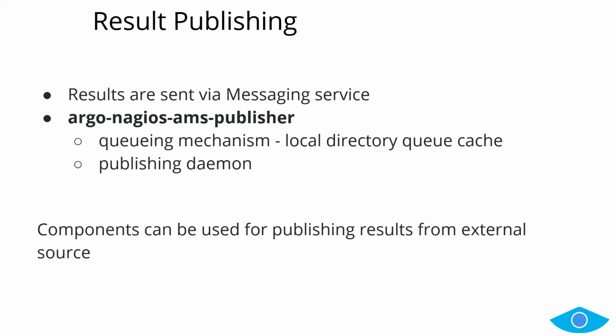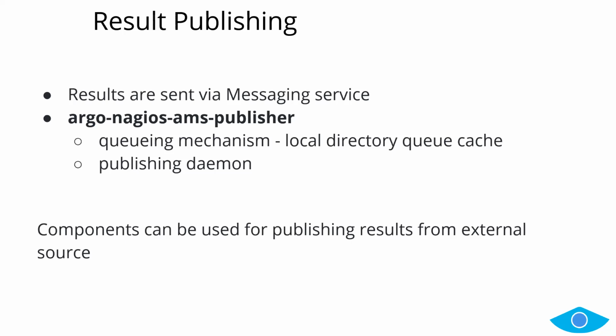Now, there's also an important bit here, and there's a whole story about the messaging, which I think we will organize a webinar for, but that's a whole different story, which caters for different needs, not only monitoring. Since Argo provides the messaging service, of course, Argo uses it. It wouldn't be a nice picture for others if we would use something else.